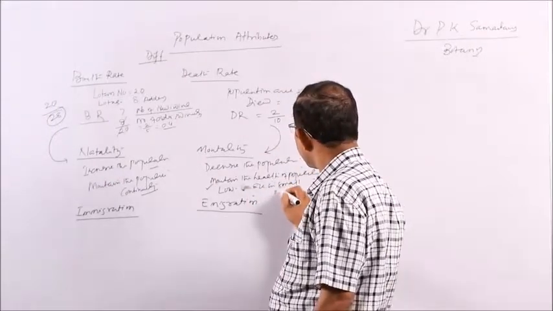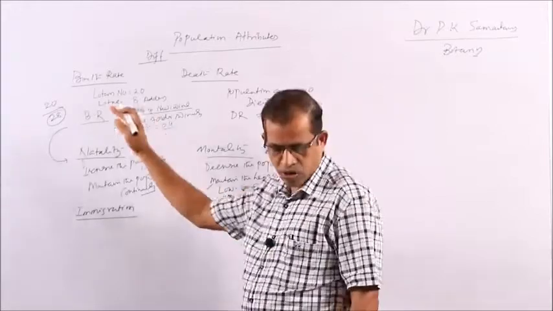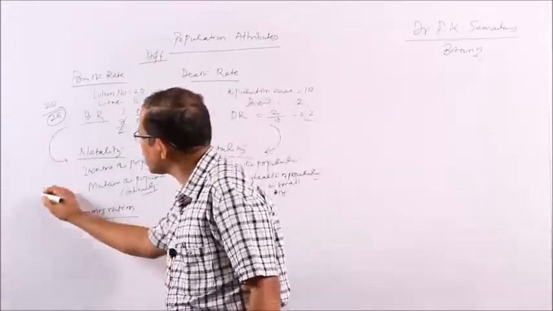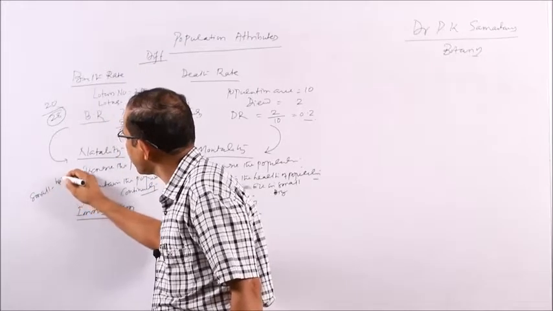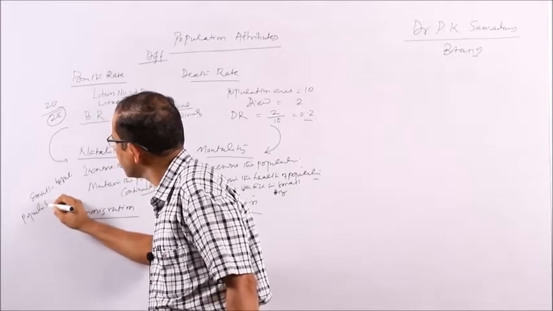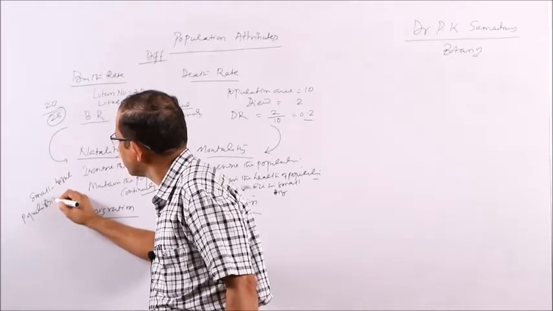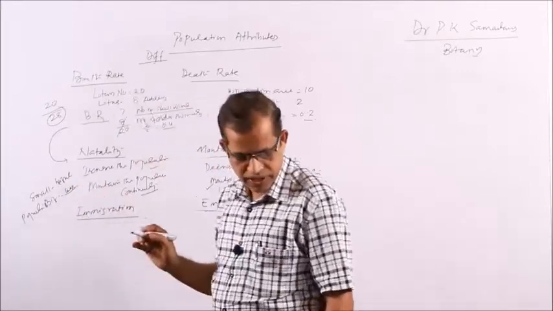When the population size is big, the death rate will be high. But for natality it will be the opposite. When the population is small, the growth and natality will be high. When the population is big, you will find natality is less, or low.